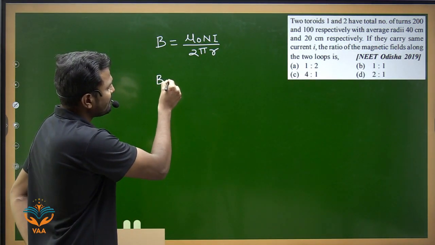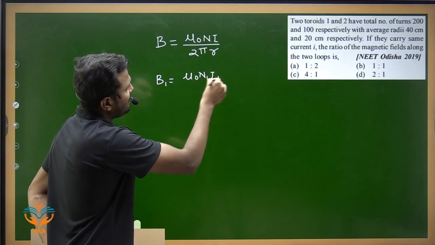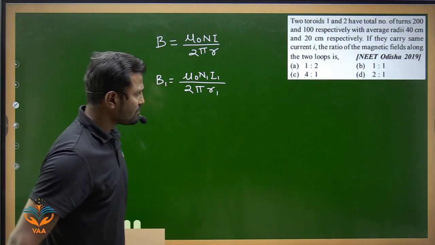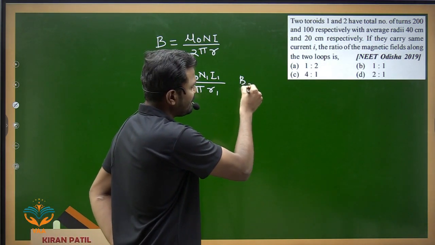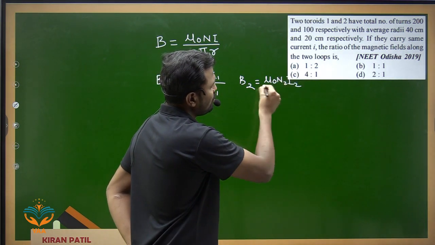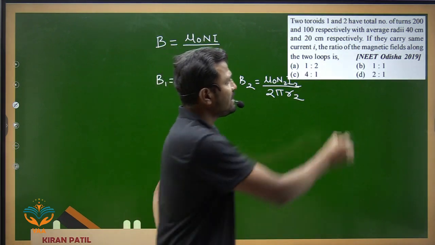So B1 will be nothing but mu naught N1 I1 divided by 2 pi R1. Likewise, B2 will be given as mu naught N2 I2 divided by 2 pi R2. They want the ratio.